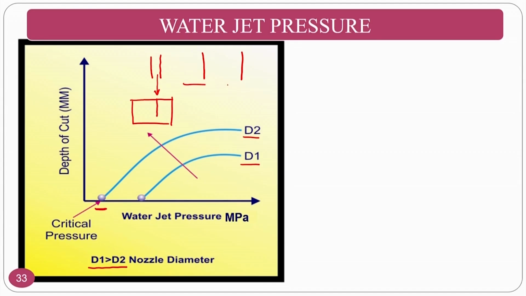Here, for the same flow rate, you may achieve only this much depth. Here you achieve this much depth. That is, the depth of cut with the smaller diameter will be high.